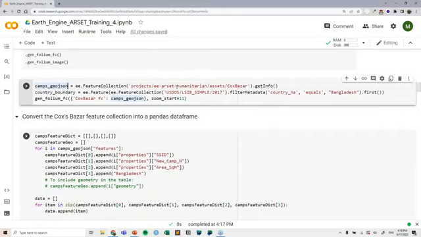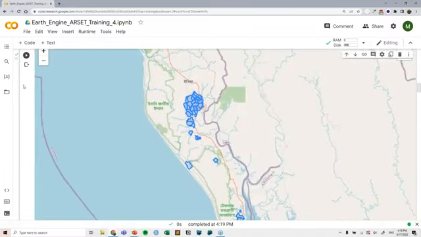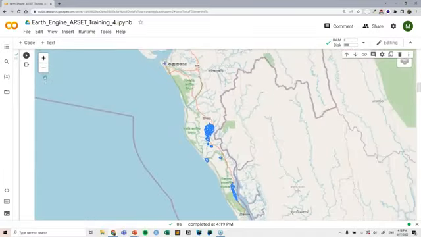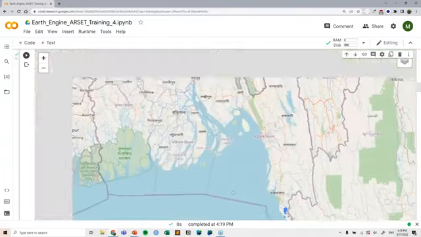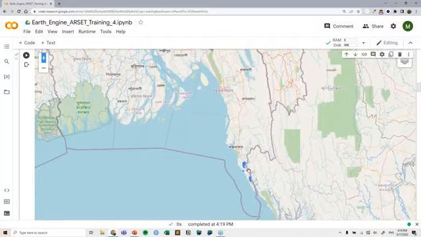So the first step is that we can actually pull in these assets. So this is a feature collection of Cox's Bazar, and then also the border of Bangladesh. By running this, we can actually see here we have Cox's Bazar and its relative position in Bangladesh. So as you can see, it's down here.